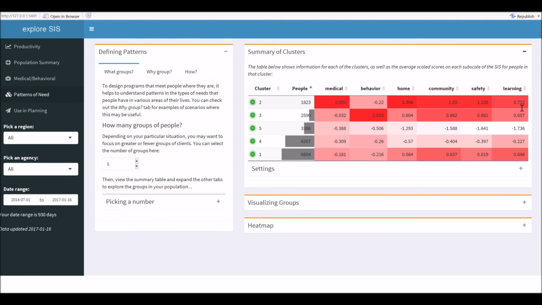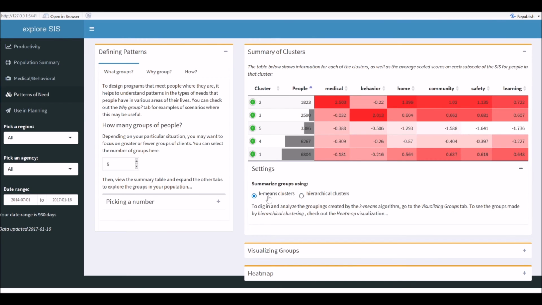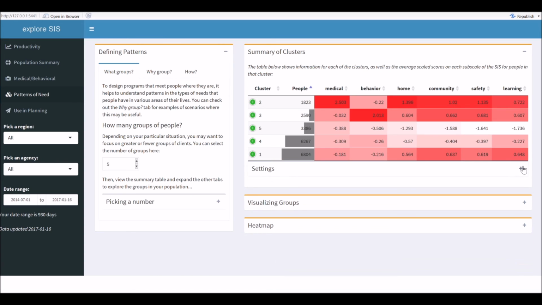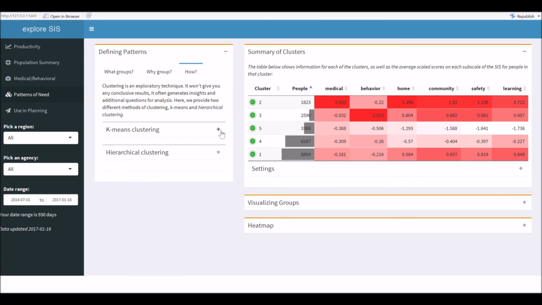One other thing that's worth noting: we give 2 options for doing clustering if you start to get really interested in the analysis side of this. By default, we use k-means clustering, and we also give this option for hierarchical clustering. I will not spend much more time on that right now, but on this How tab, there's a more detailed explanation of exactly how clustering is done, with some links to interactive sites that can give you a tutorial on that, just so you understand it better.